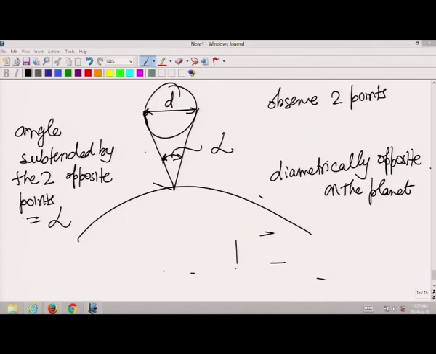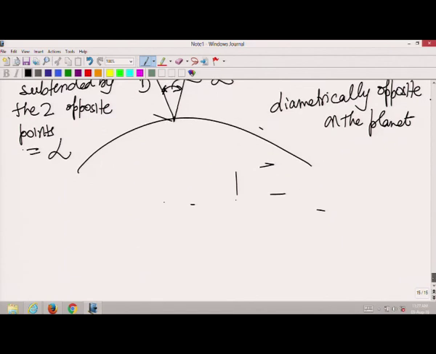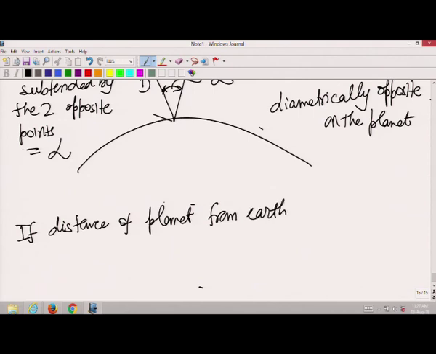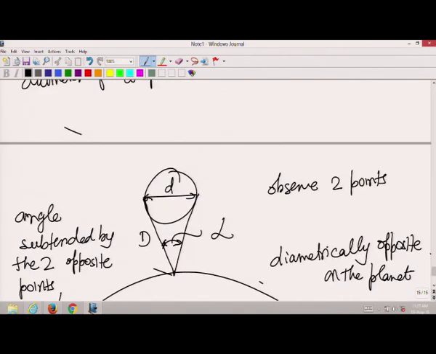So, now if the distance of the planet from earth is capital D, then we have small d which is now the arc length.